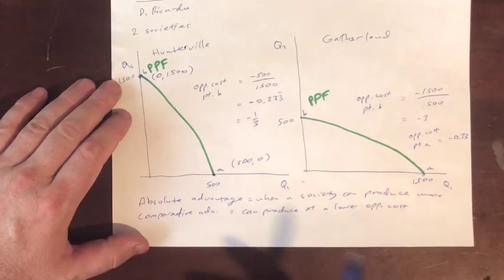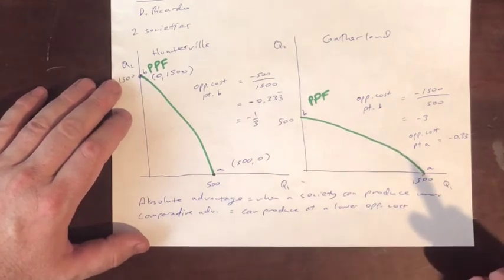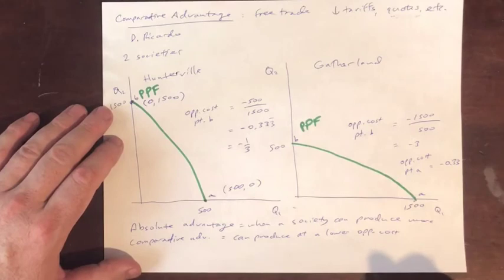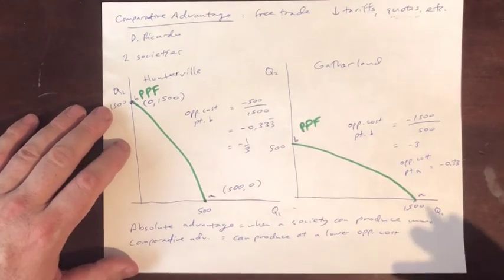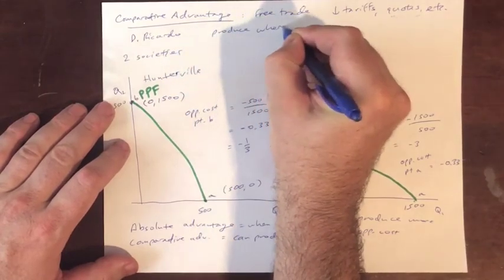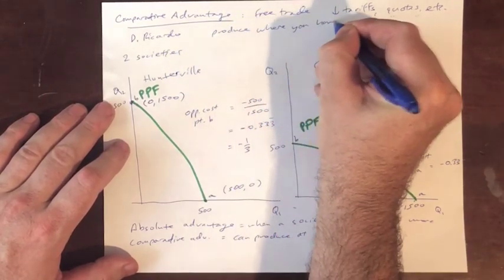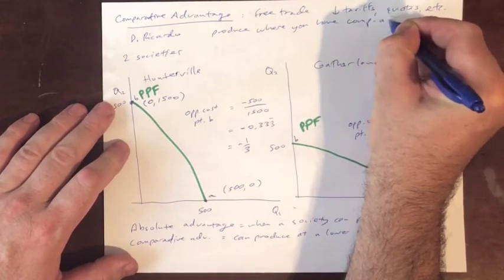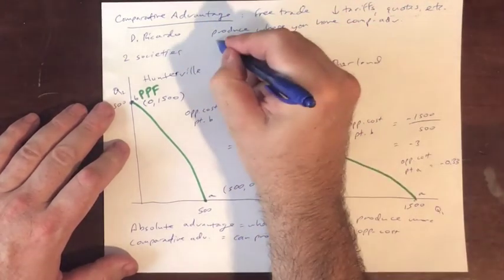By doing this, they're able to do much better than they would on their own. So produce where you have comparative advantage, then trade.